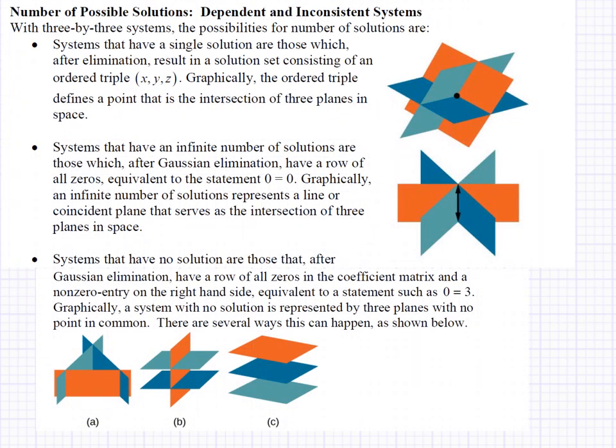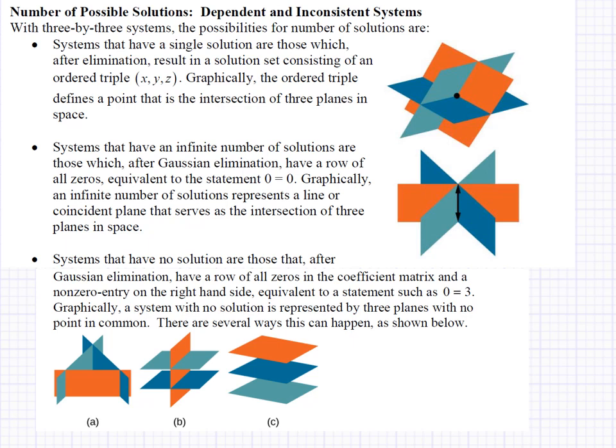As with our 2x2 systems, 3x3 systems have quite a few possibilities. Now, graphically, a 3-variable linear equation represents not a line, but a plane in 3-dimensional space. So if you're working with 3 separate 3-variable linear equations, you're working with 3 separate planes.